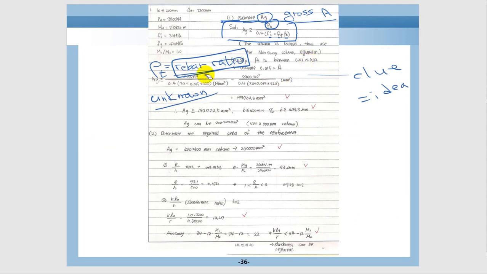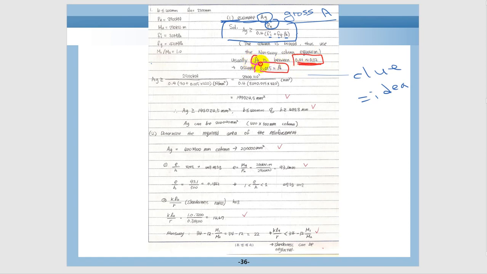So here we go and assume 0.015. 그냥 이 사이 가정한 거예요, 이렇게. If you want to assume 0.02, that's fine. But we recommend to assume rebar ratio between these two values, so we assume 0.015 for rebar ratio. That's it. Very simple.